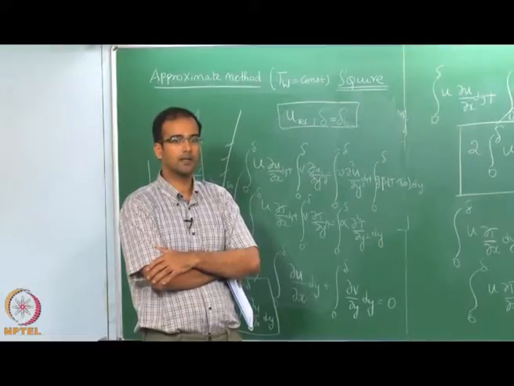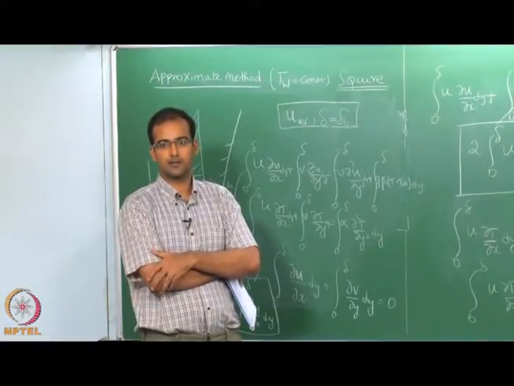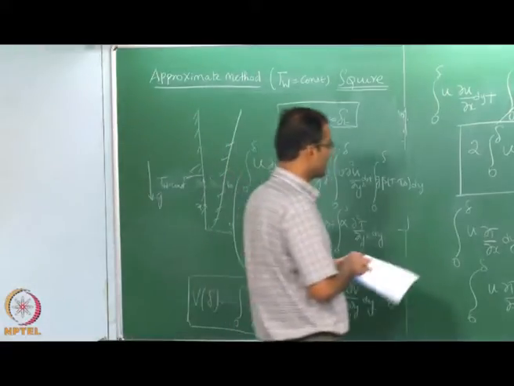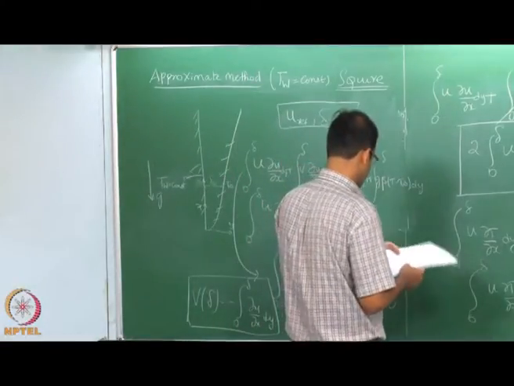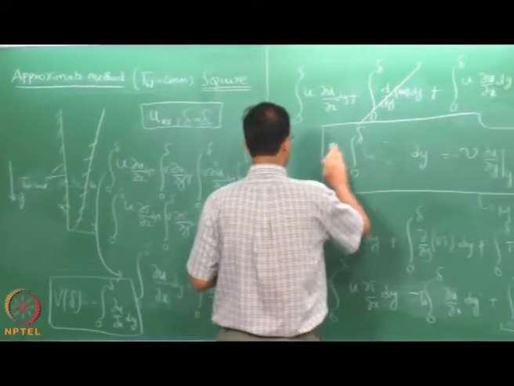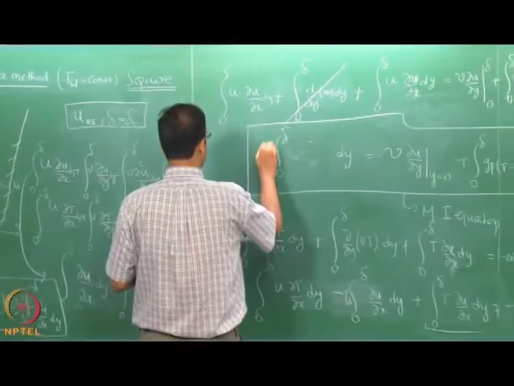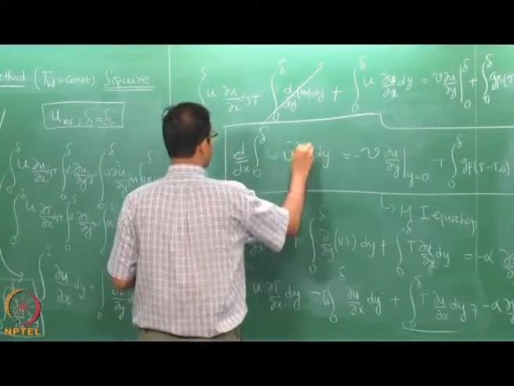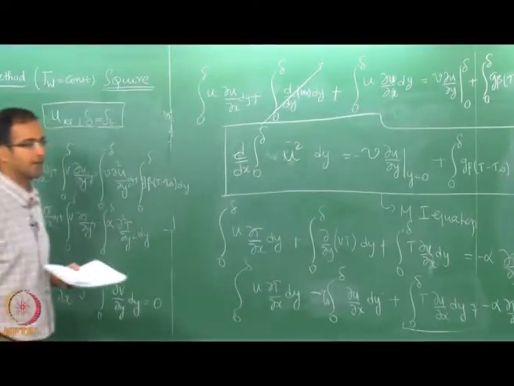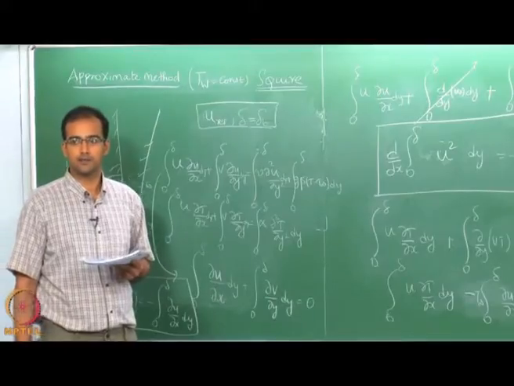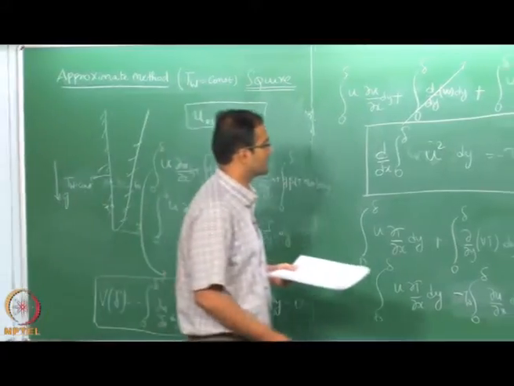Only the momentum integral is now much simpler, the energy integral remains the same, and even the momentum integral you can just write it, you can take the d by dx term out, you can write it as simply d by dx of u square dy, which will be the same as 2u into du by dx. Okay. So, d by dx of u square dy.